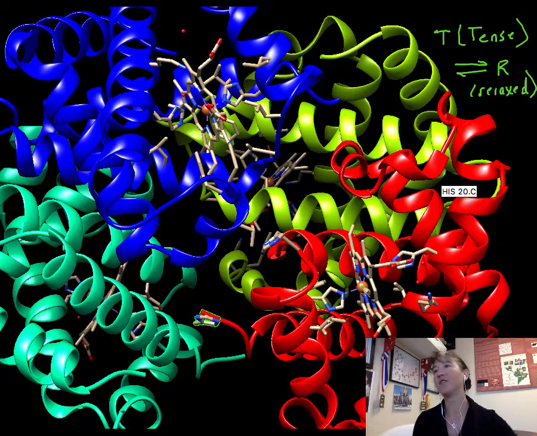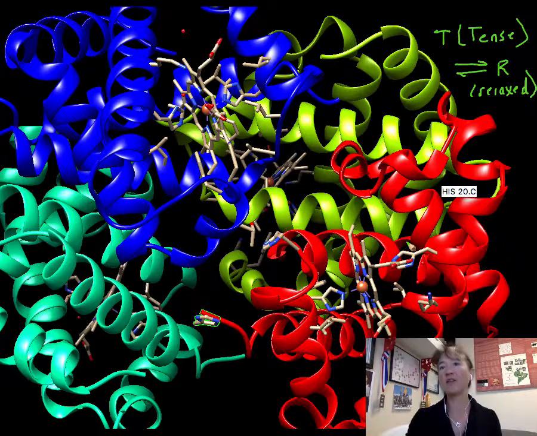Oxygen binding becomes favored, or the R form favors oxygen binding. I like to say it's kind of like some of us, once we've had one glass of wine, we tend to want to have another glass of wine. So once maybe we're tense and we're like, no glass of wine, and then we have a glass of wine and we're like, oh, I'll have another glass of wine. So that's the T to the R transition, right? Same thing for hemoglobin. It's in this very rigid, very tense form, and then one oxygen binds and boom, the others are more likely to bind.